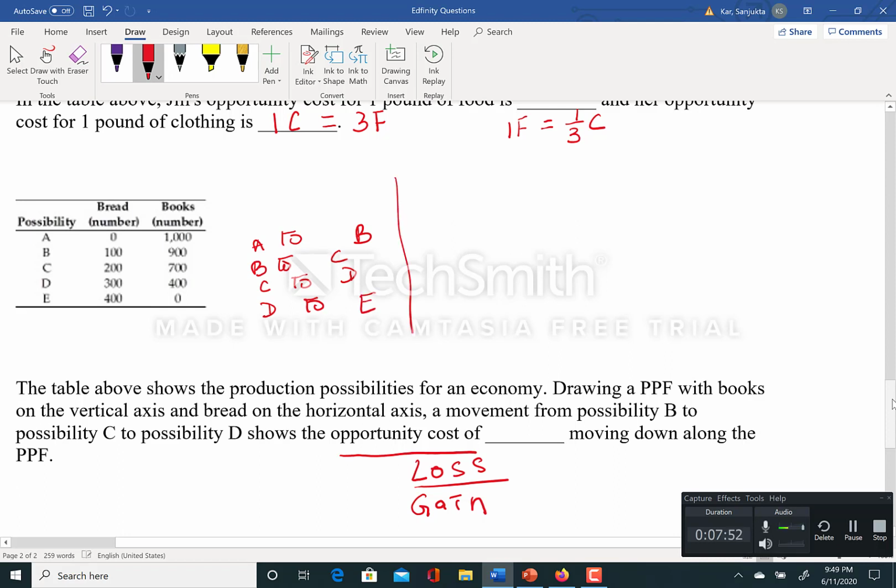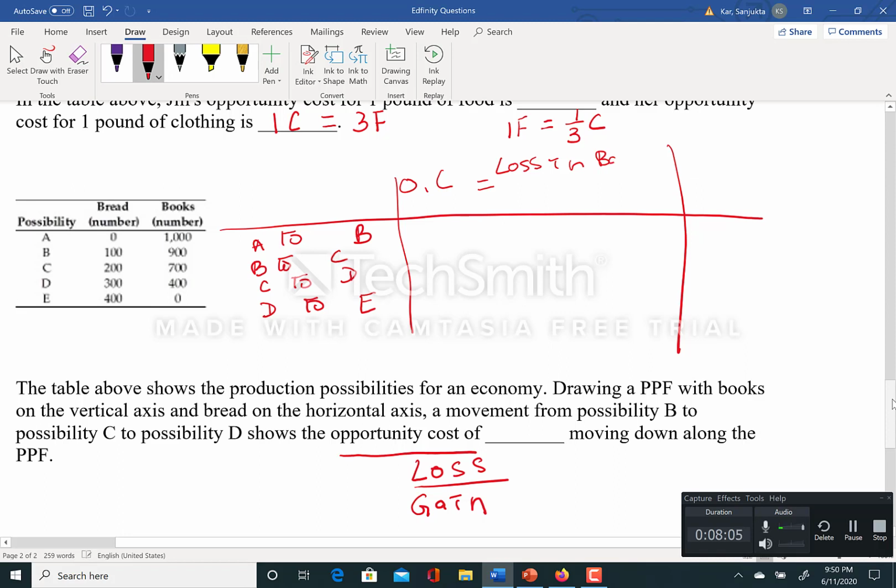And in each of these 4 scenarios, I will count the opportunity cost, which is equal to loss in books over gain in bread.